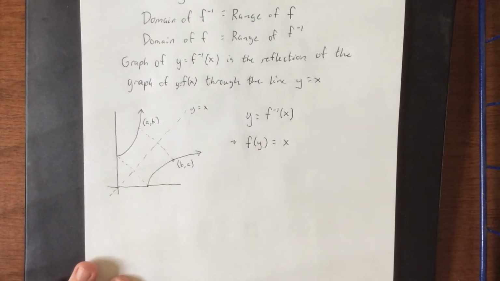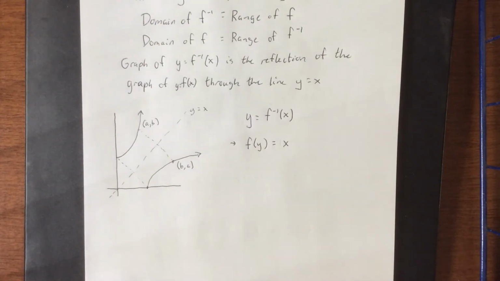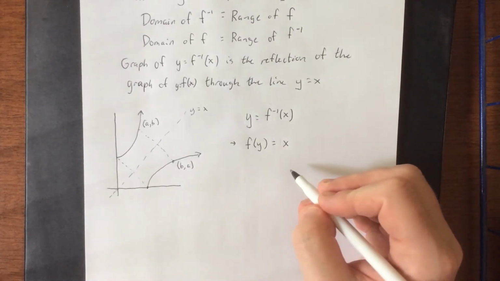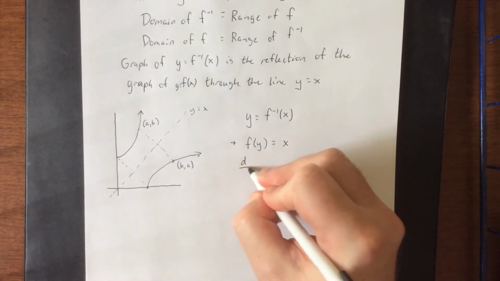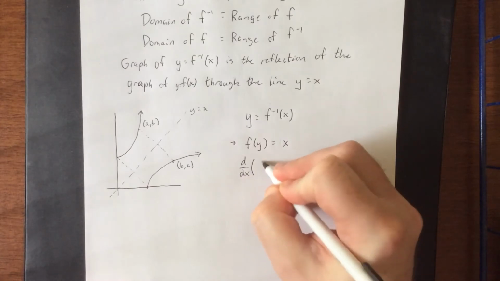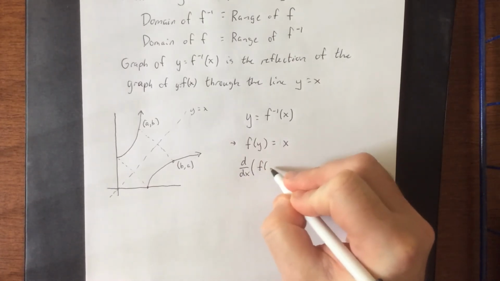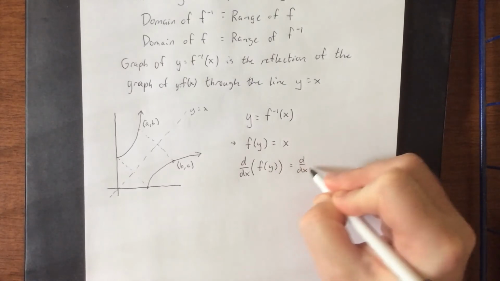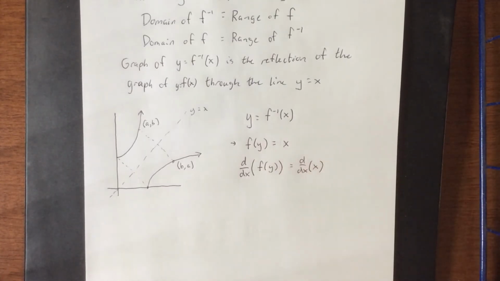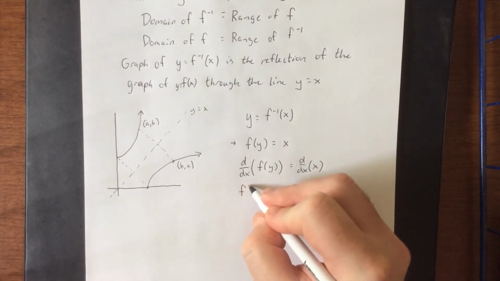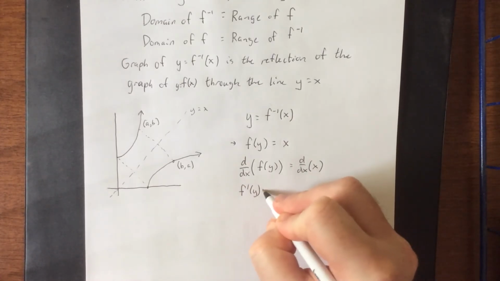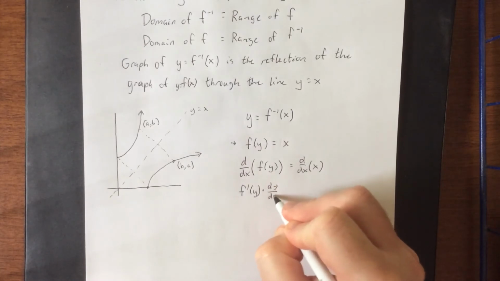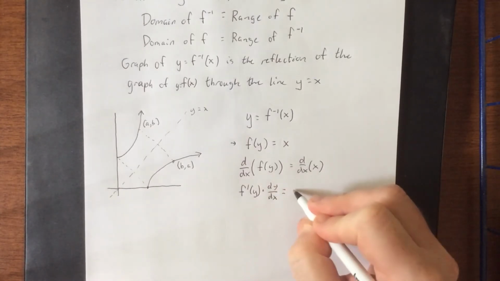Next, I'm going to use the technique of implicit differentiation to differentiate both sides with respect to x. So derivative with respect to x of f of y is equal to the derivative with respect to x of x. Now, according to implicit differentiation, this means that this would be f prime of y times the derivative of the inside with respect to x. This is equal to 1.